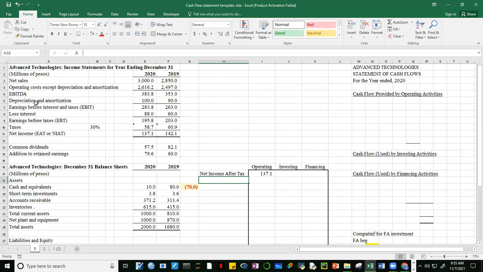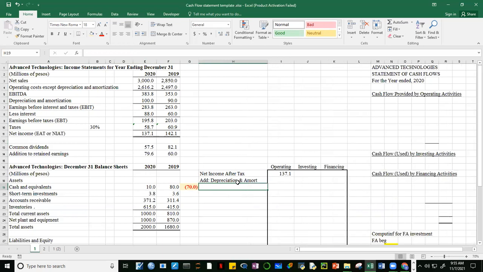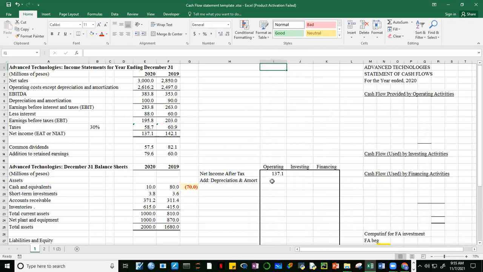So let me just do this. We add here depreciation and amortization. Okay. Now, why do we need to add this back? Because depreciation and amortization are non-cash expenses. Okay. So they actually reduced the net income.